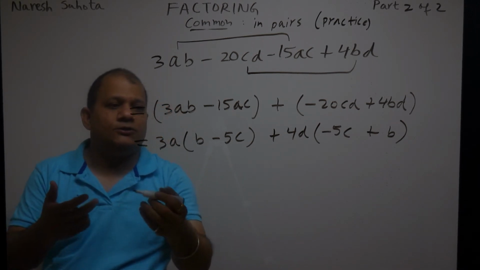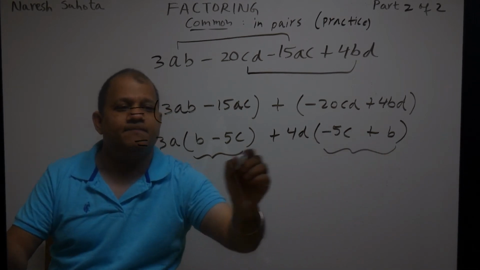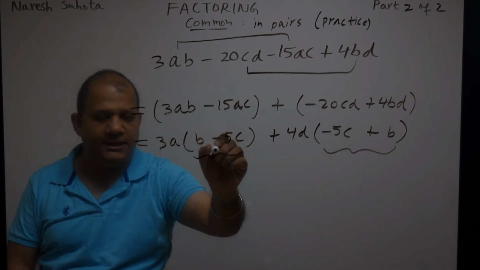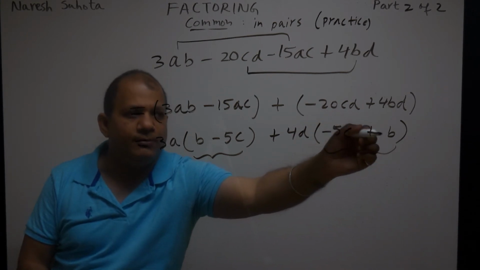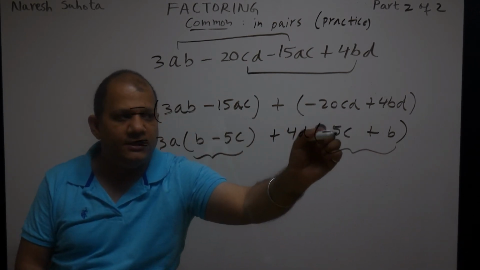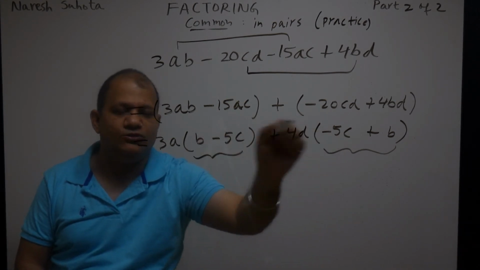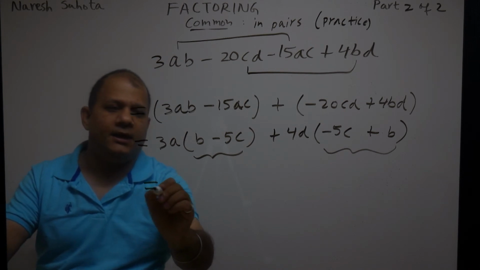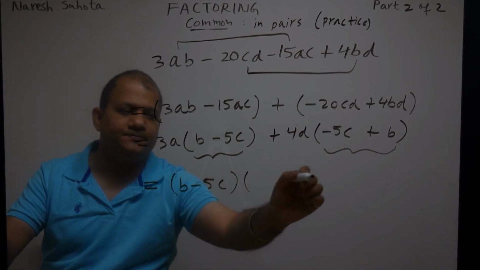Right? So now the question is, do I have the same stuff inside the bracket? B minus 5C. If I read this backwards, B minus 5C. So B is positive, B is positive. The 5C is negative, 5C is negative. So yes, these two brackets are identical, and I will pull B minus 5C as a common factor.